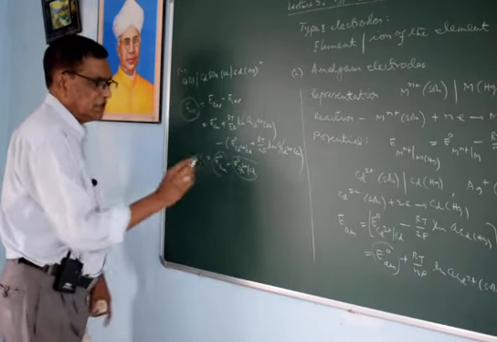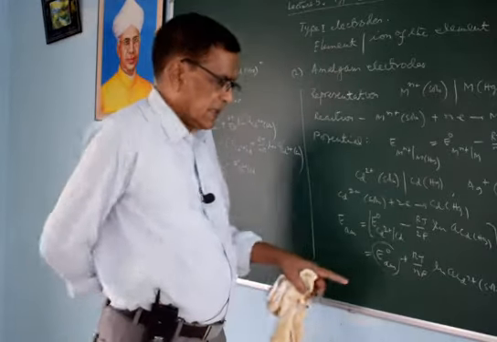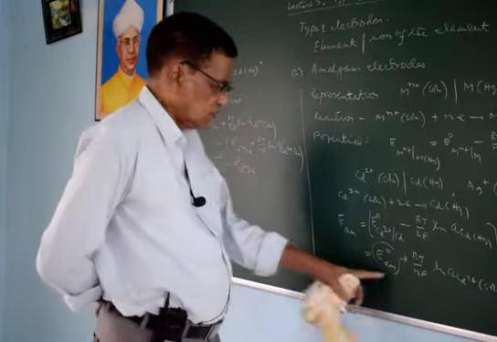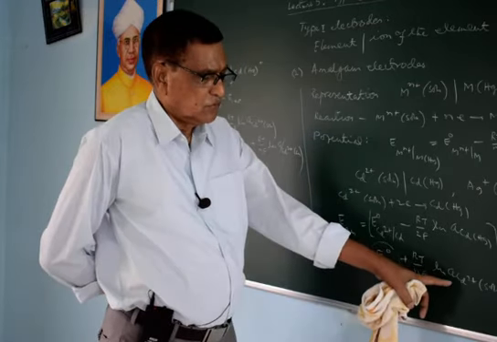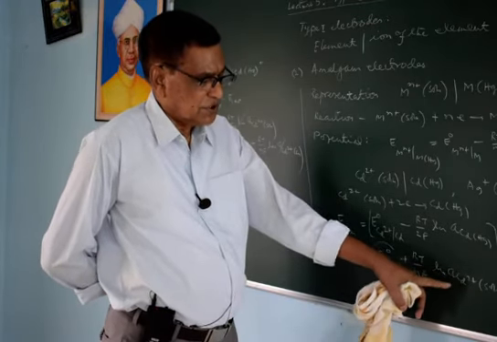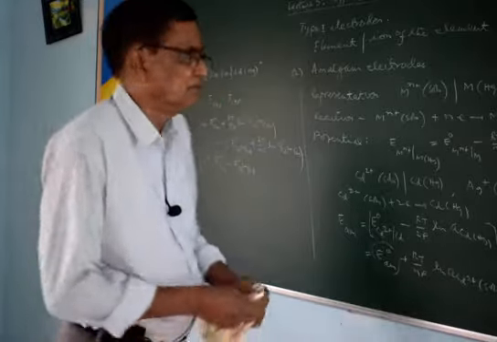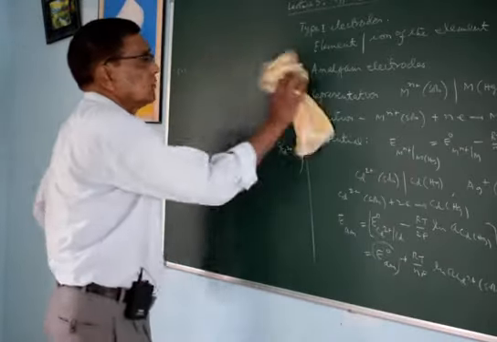And from the knowledge of this, we can also calculate the activity or concentration of cadmium in the amalgam. Now the third type of electrodes.